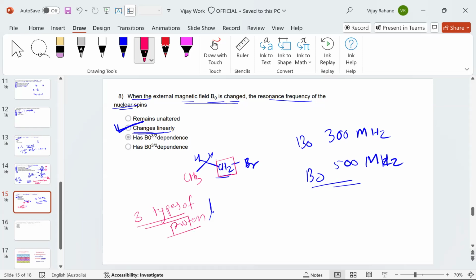In proton NMR, we get three different signals. Also, the coupling constant J for this CH2 will be around 6 hertz to 7 hertz here, on the 300 megahertz instrument.